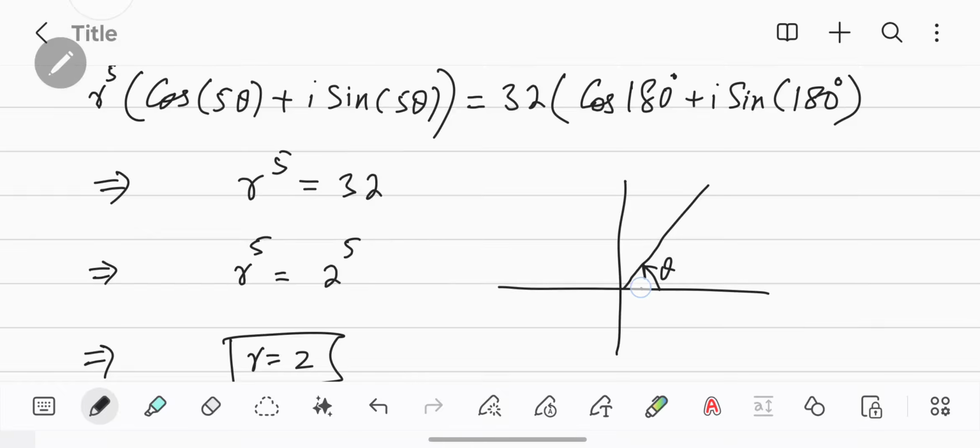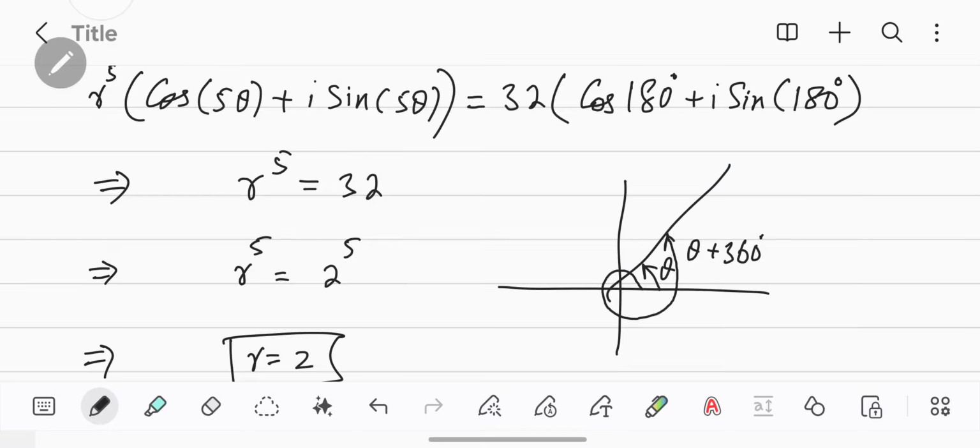But if you measure the angle from here, go very long and then come back, that means this is theta plus 360 degrees. So theta and theta plus 360 degrees both arrive at the same point. Both are determining the same angle, right?